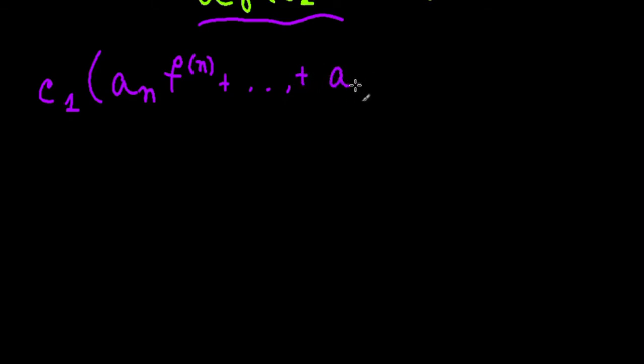So it's going to look something like this. If I just take the f terms, I can factor out c1. What I'm going to have is the nth derivative of f plus all the derivatives in the middle, plus f prime plus a naught times f.